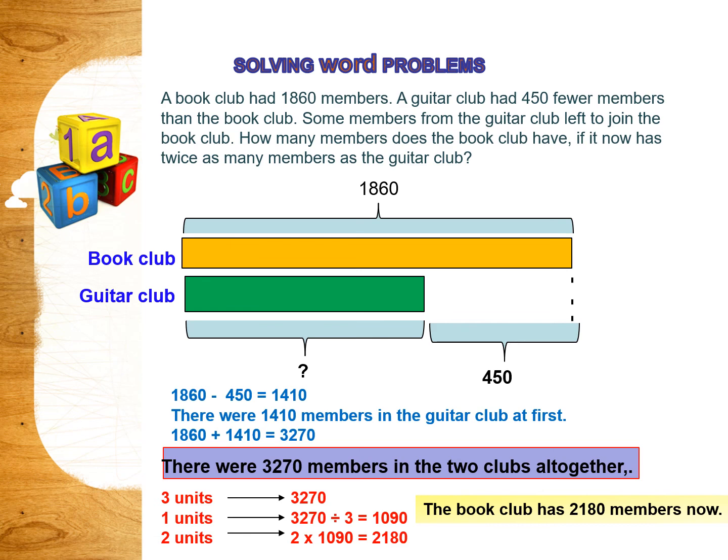They have 1090 members in there. So it is easy to find the 2 units. How to do the 2 units? So 2 multiplied by 1 unit. That 1 unit is 1090 members. So 1090 members multiplied by 2, so you can get 2180 members. Then the book club has 2,180 members.